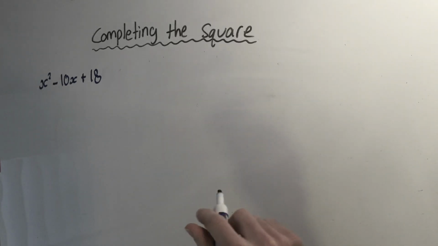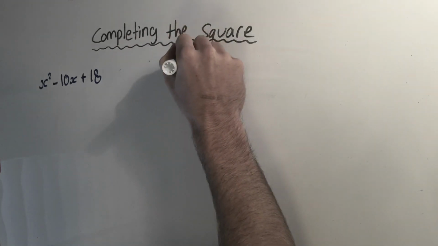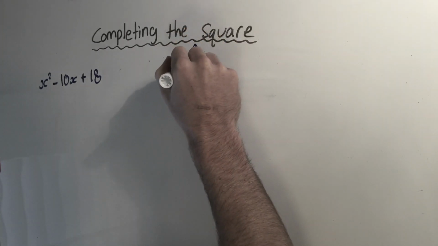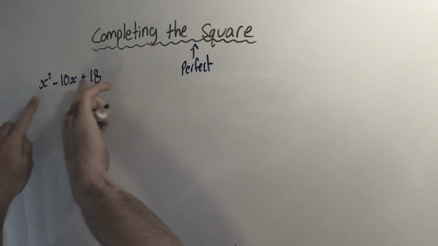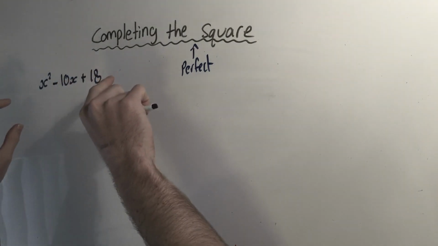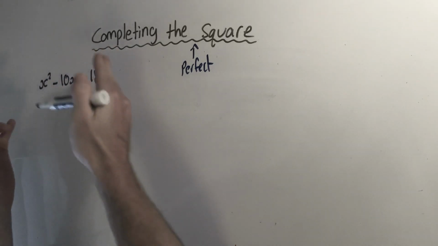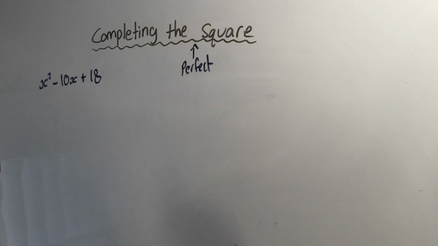The idea of a perfect square, because when this says completing the square, really what that means is creating a perfect square artificially. We're actually going to rewrite this in a different way so that it's still exactly the same, but we're going to manipulate it. We're going to change it around so that we can put a perfect square in there, which is going to make our lives a lot easier.